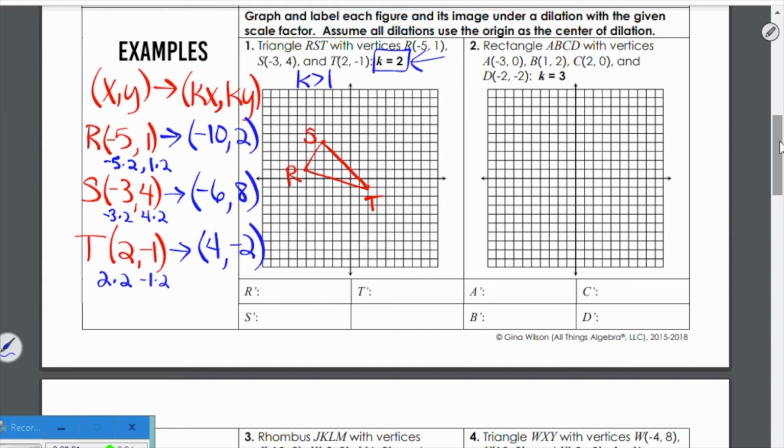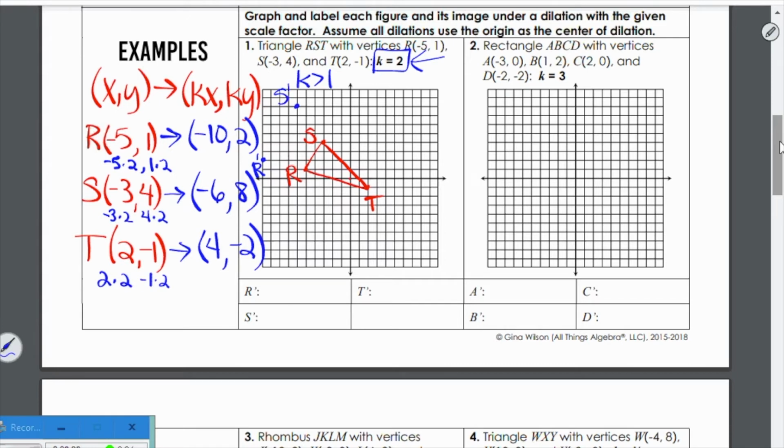So -10, 1, 2, 3, 4, 5, 6, 7, 8, 9, 10, 2. So R prime is right there. S prime would be -6, 8. Let's see, 1, 2, 3, 4, 5, 6, and 1, 2, 3, 4, 5, 6, 7, 8. There's S prime.